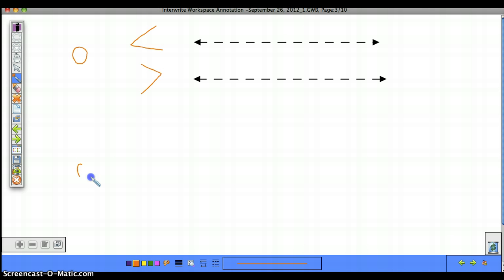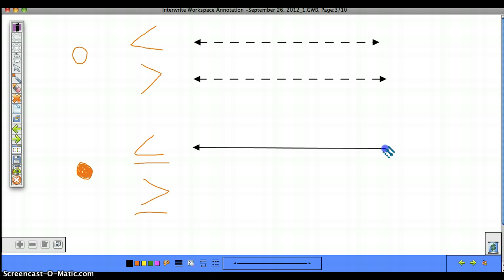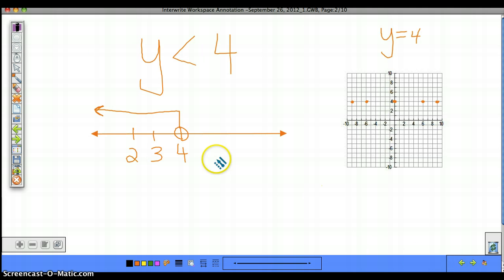So where we had a closed circle on our number line, so for less than or equal to or greater than or equal to, we are going to use a solid line. This is representing that on these lines it can equal the coordinates on the line, but on these lines it cannot. So on this particular line, y is less than 4, I am going to use a dotted line.